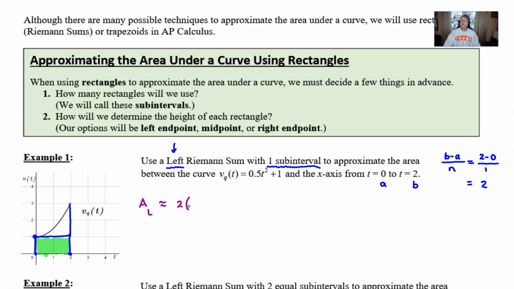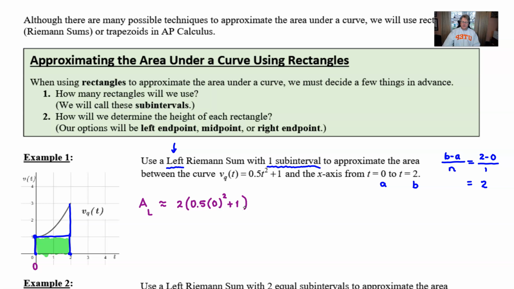And then I just have to calculate the height. The height is just determined by using the t value of 0, which denotes the left endpoint, and inserting that in for t. I should have said the t value instead of the x value. It is the horizontal axis value. And so that 0 gets plugged in.